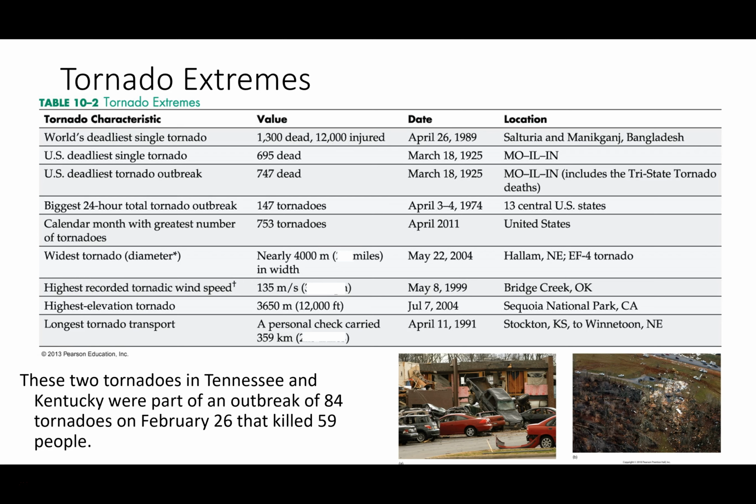Just the other day, 1974. The widest tornado, 2.5 miles. The fastest moving tornado, 302 miles per hour. And the longest tornado to transport anything, and it was a personal check, was 223 miles. Like, dude, are you serious? No relocation of material by a tornado.